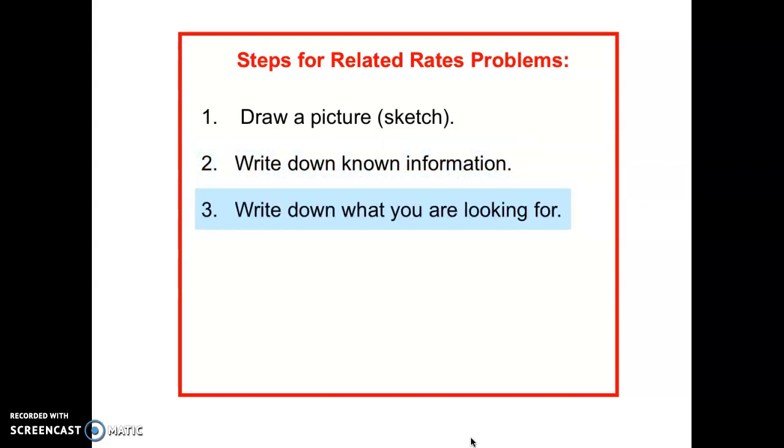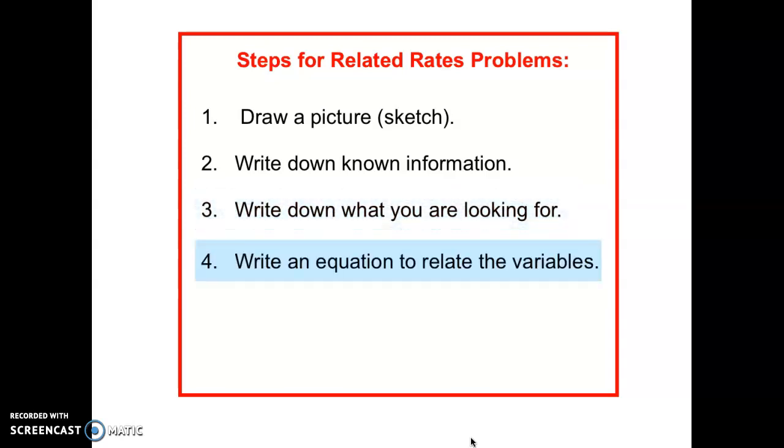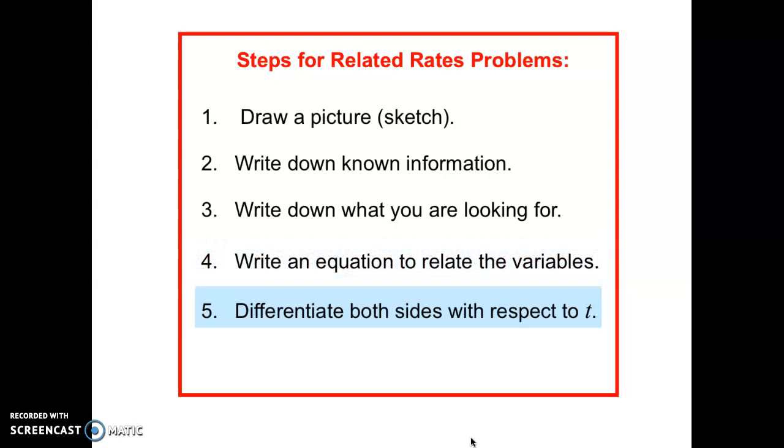Step 3, we write down what we are looking for, and it's usually a derivative. Next, we write down an equation that will relate these variables. Next, we differentiate both sides of this equation with respect to time. And lastly, we evaluate to get what we're looking for in step 3.